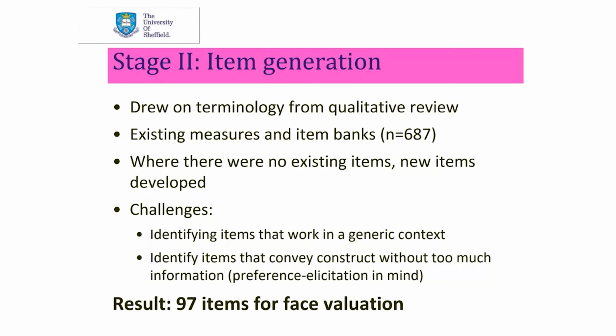Obviously the preference solicitation is something which we need to think about down the line, where we need fairly simple statements. But we wanted statements that were clear, straightforward, avoided double negatives, didn't make judgments about people's lifestyle, and all these sorts of things. All these issues were taken account of in the criteria we used to make the initial item selection.